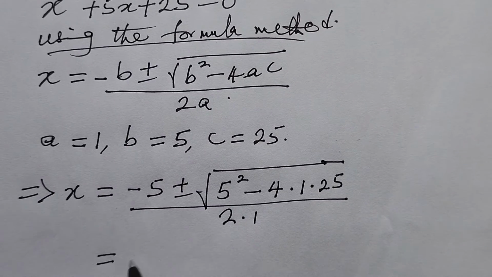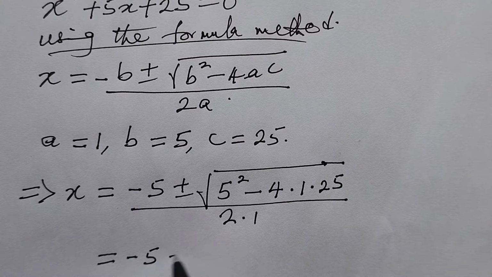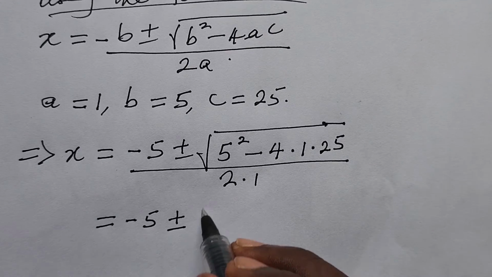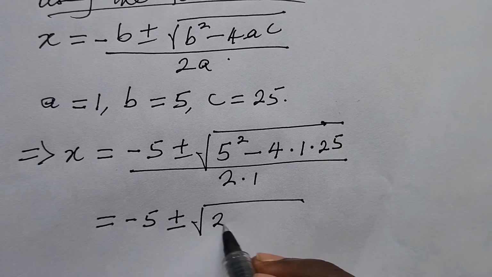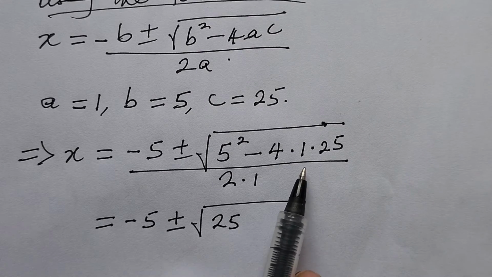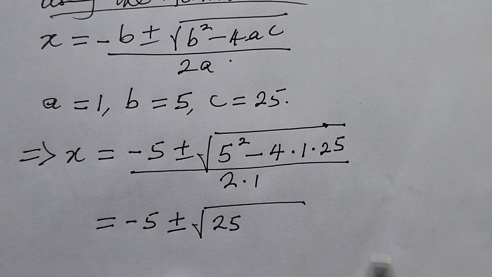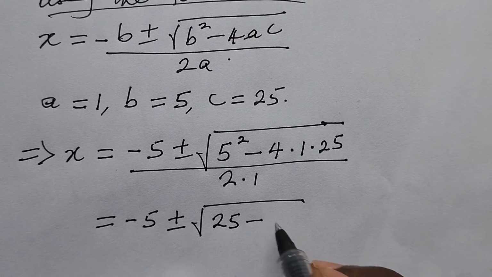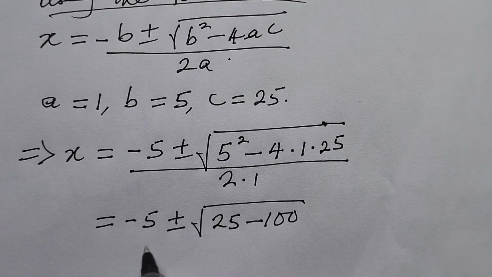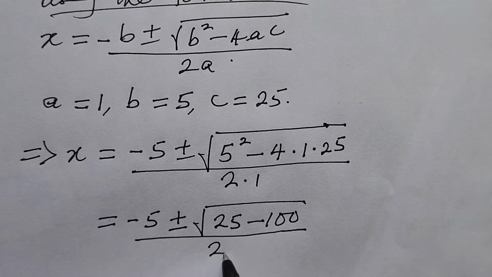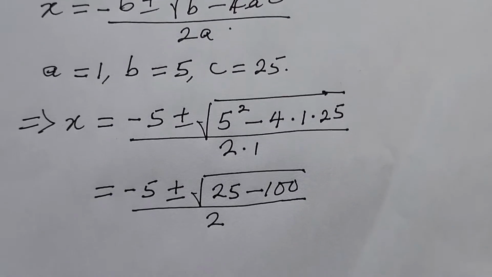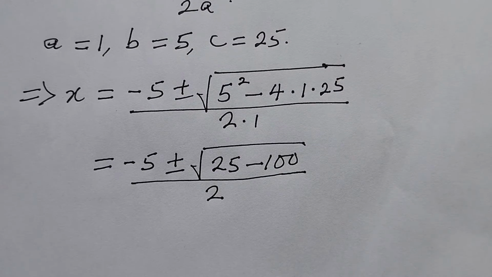So this will now give us minus 5 plus or minus the square root. Here we have 25. 4 times 1 times 25 will give us 100. So we have minus 100 all over 2. So again, we can solve for the quantities inside this radical.